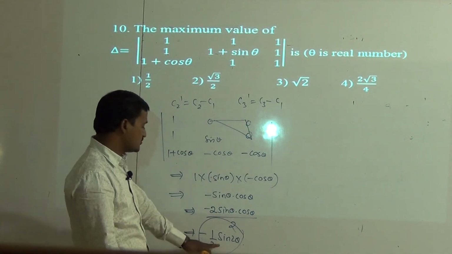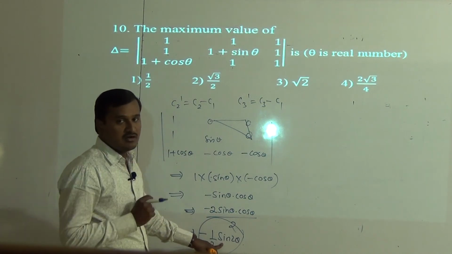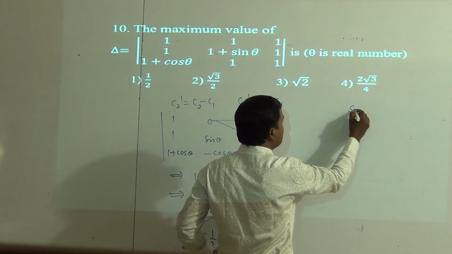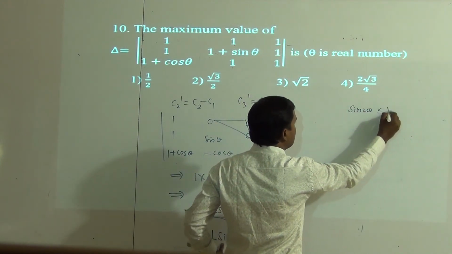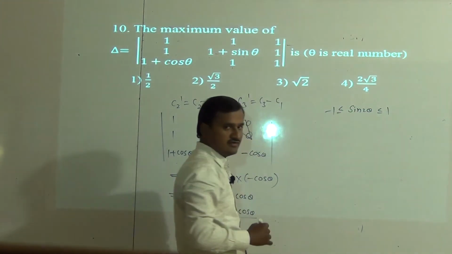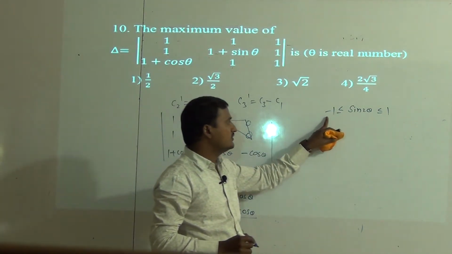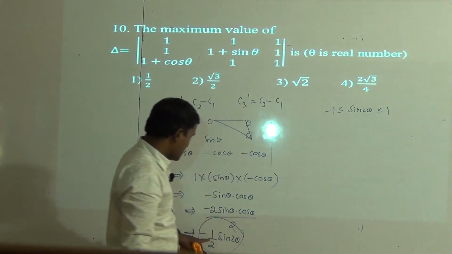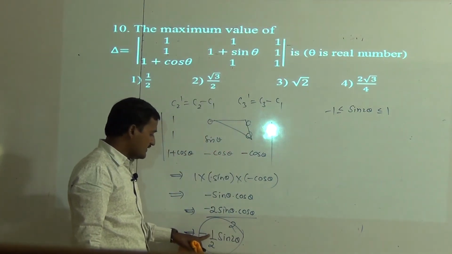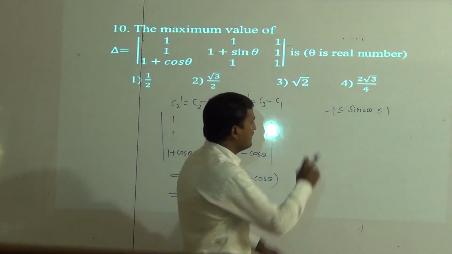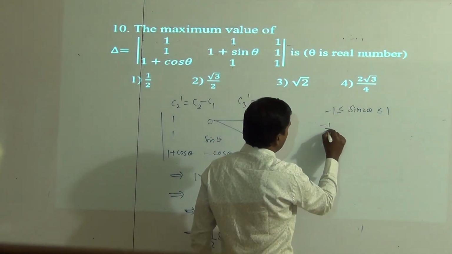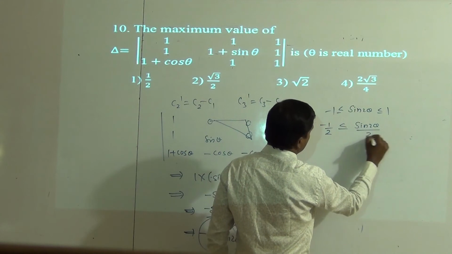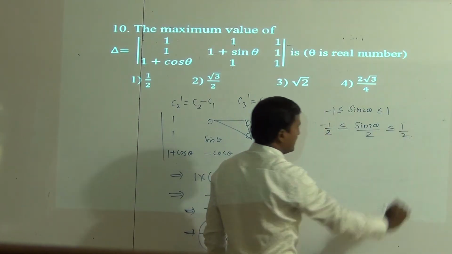Now I should check the maximum value of this. For this we know that sin 2 theta lies between minus 1 and plus 1. Is it right? So here I want the value 1 by 2, so divide by 2: sin 2 theta divided by 2 is less than or equal to 1 by 2.